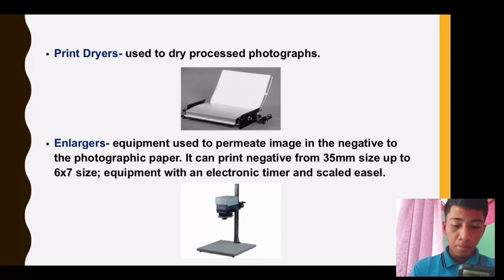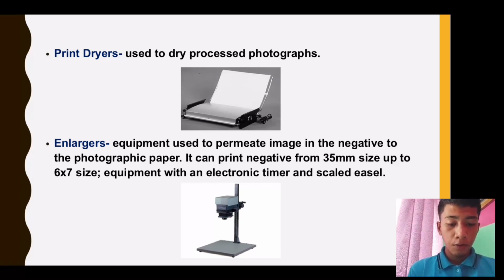Next is enlargers. Enlargers are equipment used to project the image in the negative to the photographic paper. It can print negatives from 35 mm size up to 6 by 7 size. Equipment with an electronic timer and scaled easily.